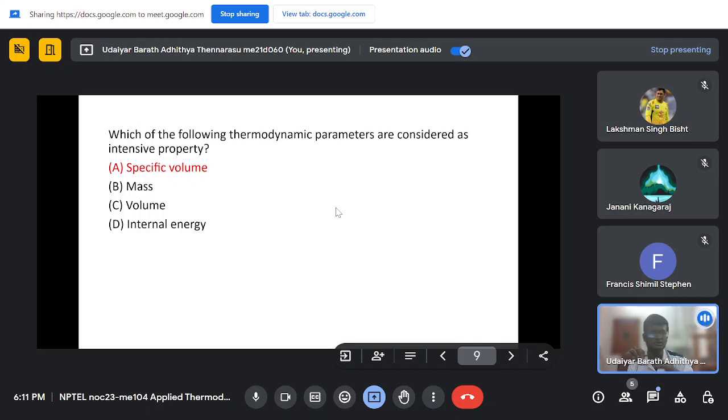The density of water in a big bucket or a small bucket will be the same, but the volume will be different. So goes for the internal energy also. If it had been specific internal energy, then it is independent of mass. If you have the word specific, it is independent of mass, so it will be an intensive property.